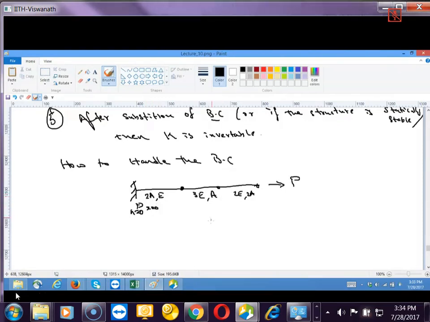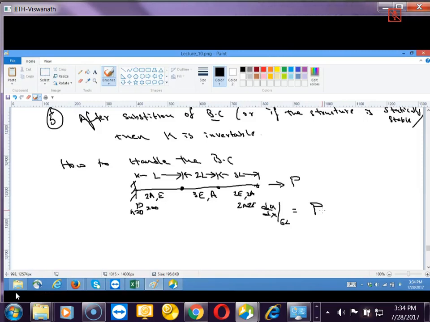This length is L, this length is 2L, this length is 3L, so my global x gives you 6L. So du by dx at 6L, corresponding to this beam which is 2E, 2A, is equal to capital P.